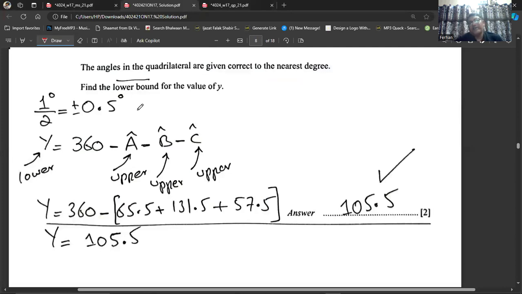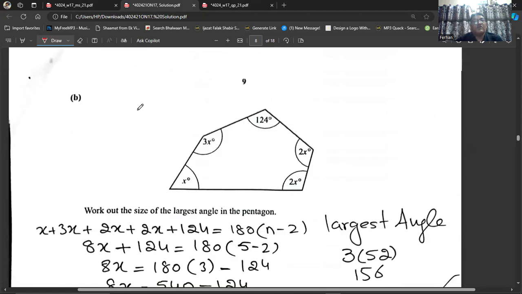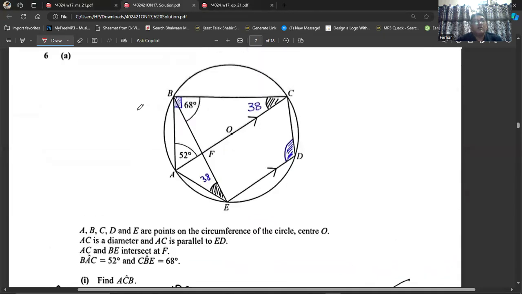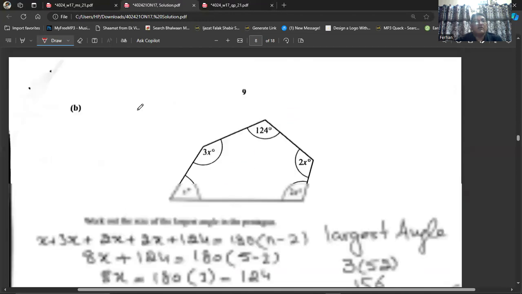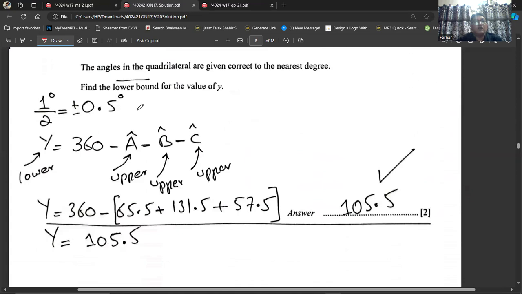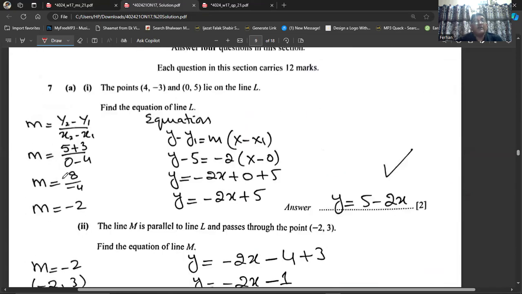Because the 2 points are given, very easily I can find the equation. The 2 points are given.